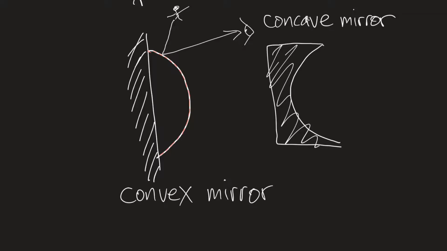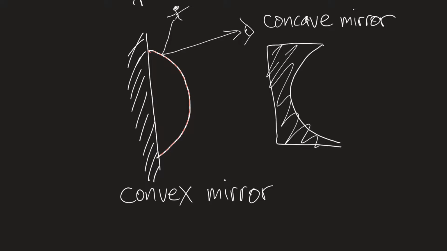And you see them also on the side mirrors of a car sometimes, because it reflects light at a wider angle. And of course on a driveway, because when you come out of a driveway, you want to see that there's nobody crossing the sidewalk or no cars coming by. So you want to have that extra reflection from a wide angle for safety. Concave mirror, I can't actually think of a good example that you see every day, but there are concave mirrors being used, and you can think of your spoon as a concave mirror as well.